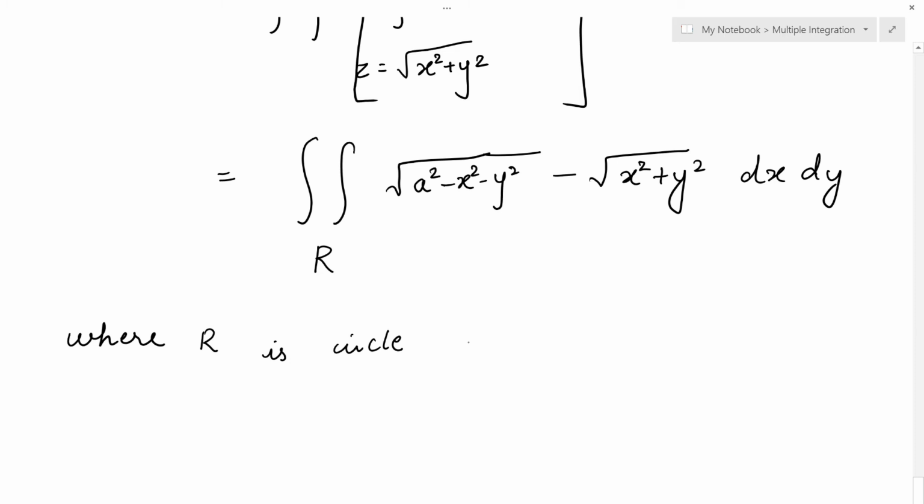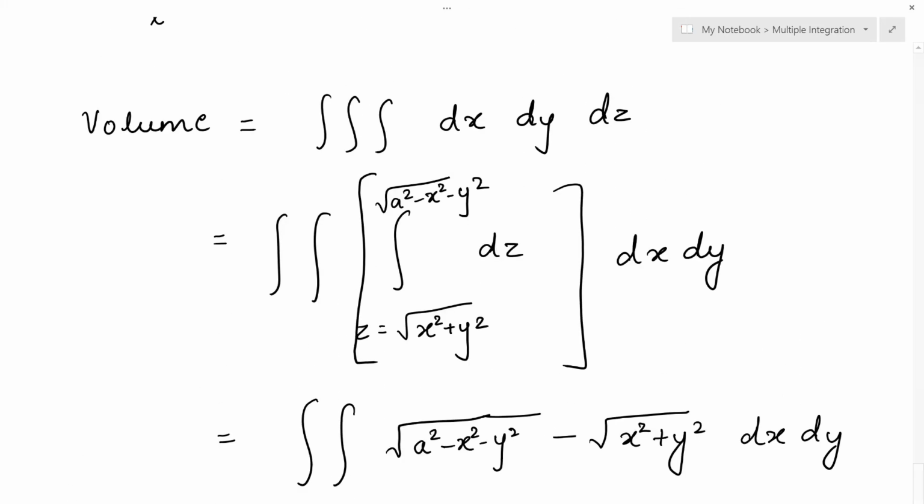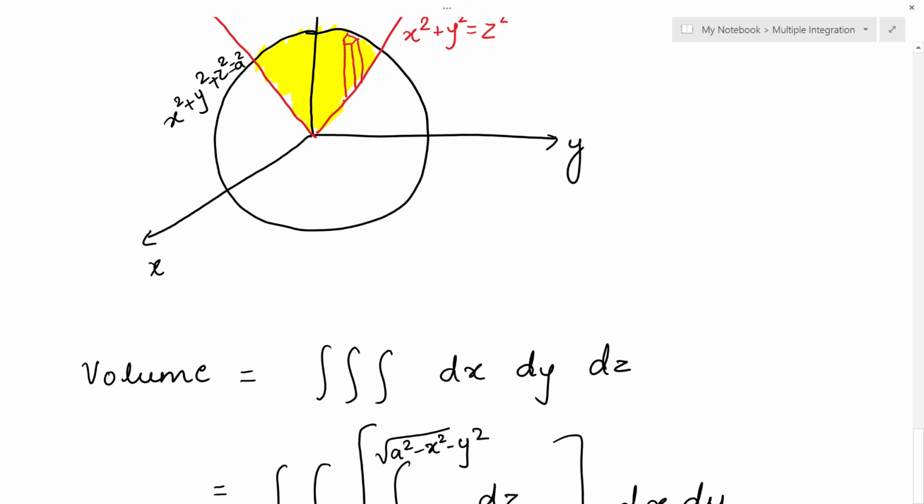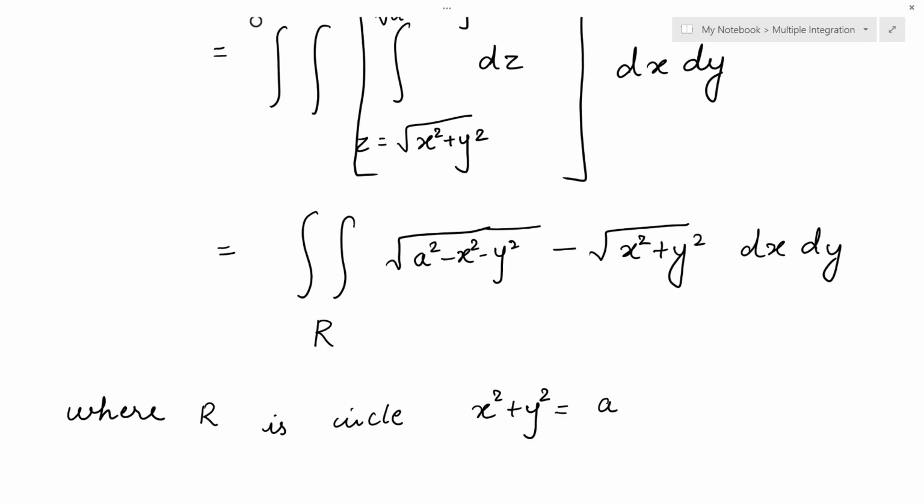What is that circle? x square plus y square is equal to a square by 2. So that 2 will go over here. Okay. So that is a by root 2. So my x square plus y square will be r square.